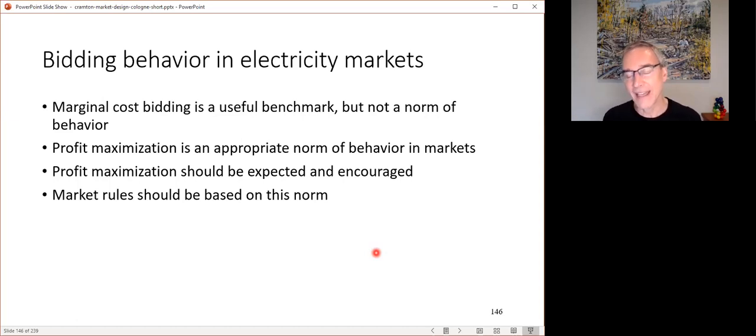In Texas, there's 12,000 nodes, something like that. So there's the potential for 12,000 different prices. And people get really scared about that in Europe, where you've got one German price for electricity.